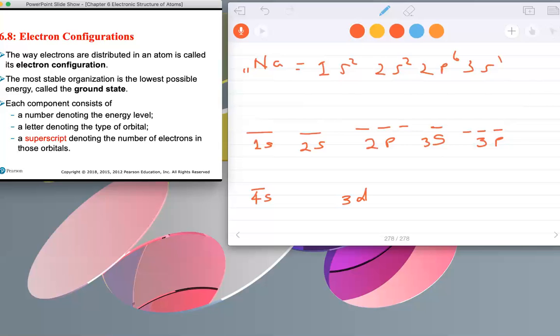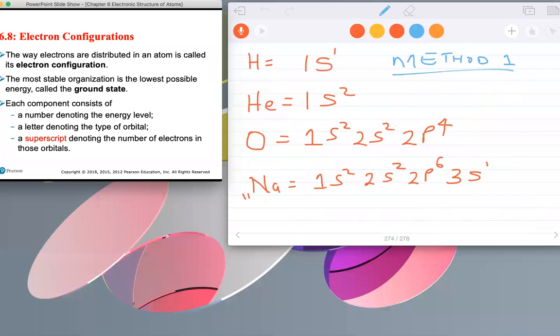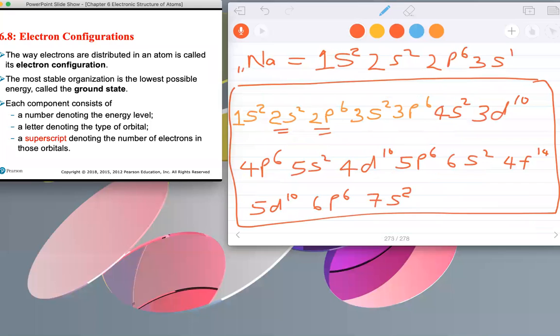Everywhere you see d, you should have 5 orbitals: 1, 2, 3, 4, 5. So when I'm done with the 3d, I go to 4s. And after 3d, you go to 4p.